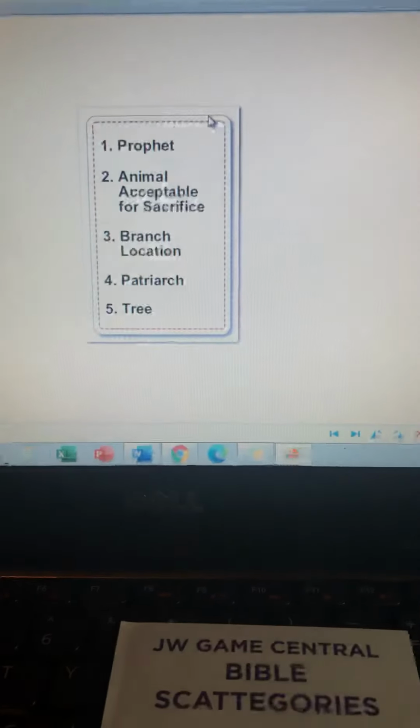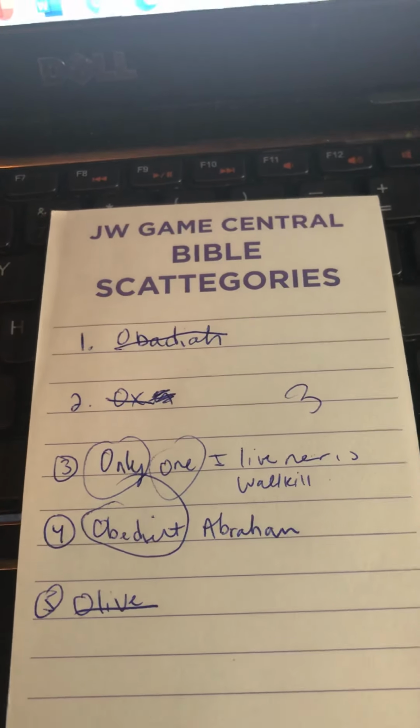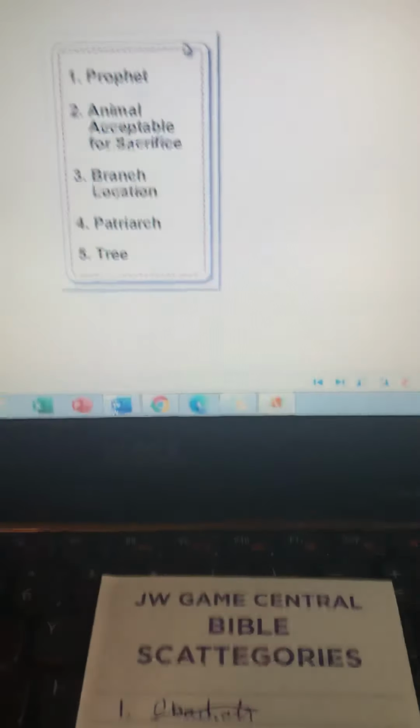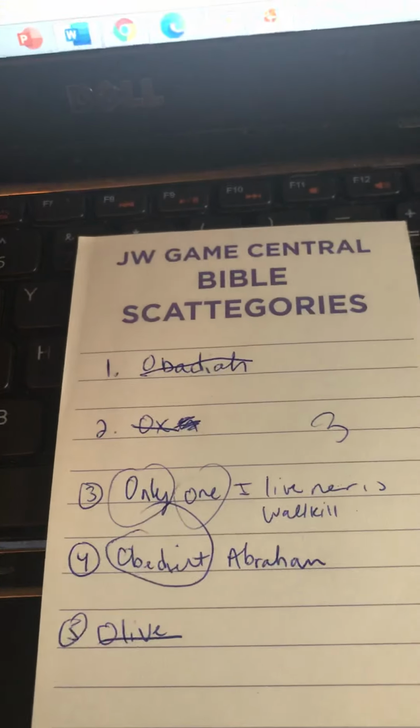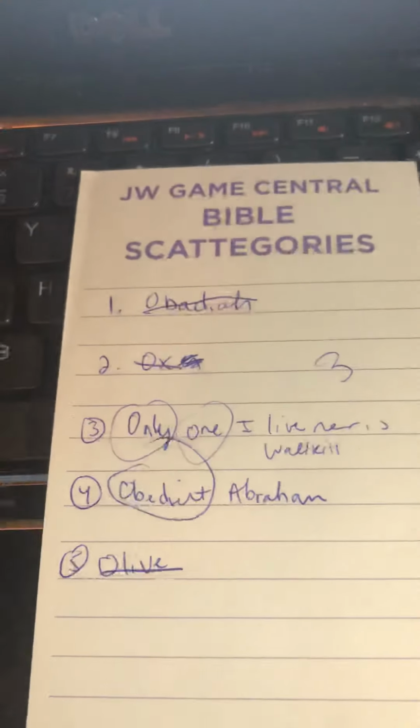Category number 1 was prophet, so I put Obadiah. Number 2, animal acceptable for sacrifice, and ox. Branch location. I'm going to explain what's going on here later, but I put only one I live near is Walk Hill. For patriarch, I put obedient Abraham. Again, I will explain. And then for tree, I put olive.